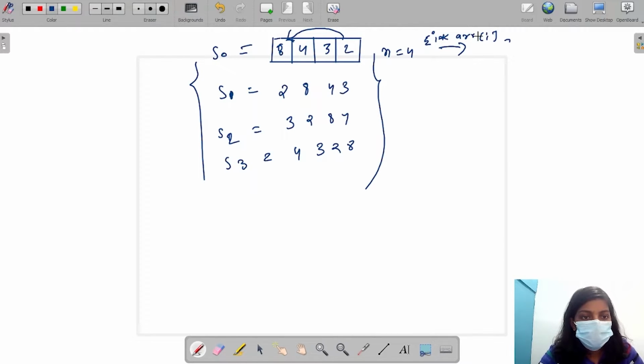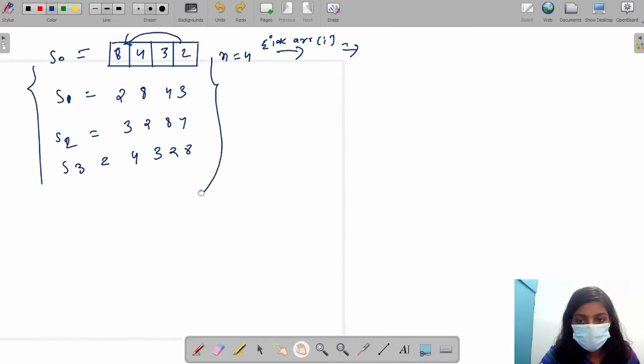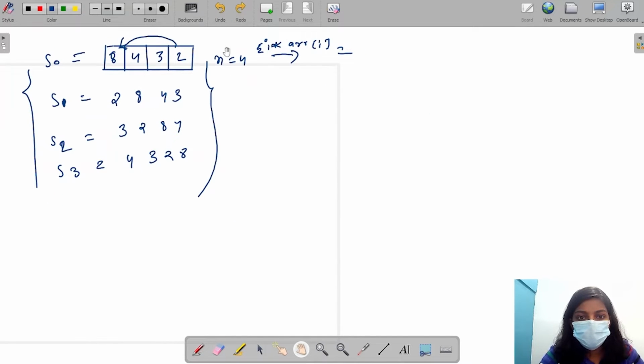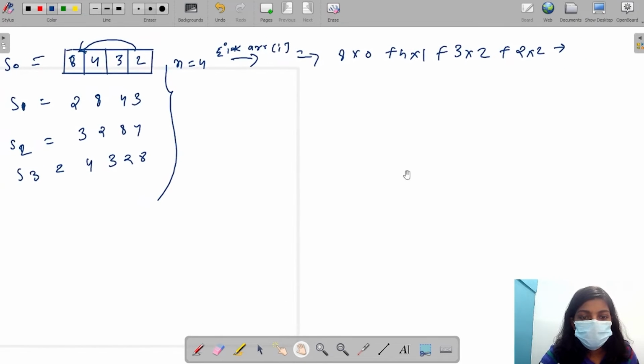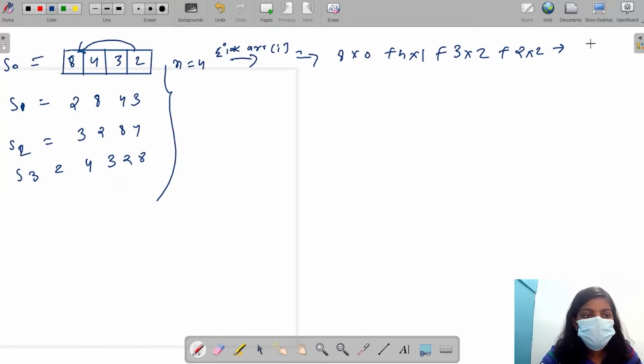Its value for S0 will be 8 multiplied by 0 plus 4 multiplied by 1 plus 3 multiplied by 2 plus 2 multiplied by 3, which is equal to 4 plus 6 plus 6, which is 16.